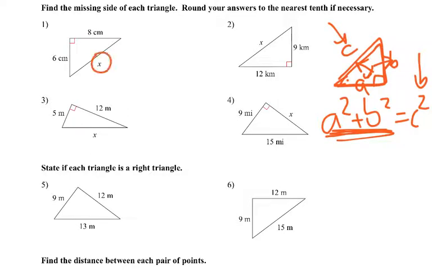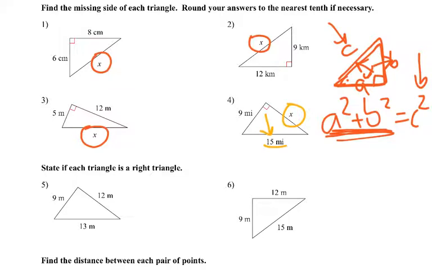So if we look at 1, 2, and 3, our variable is the hypotenuse. But if we look at 4, notice that 15 would be the hypotenuse. So you've got to be careful to make sure that you don't do 1, 2, 3 the same way you do 4.